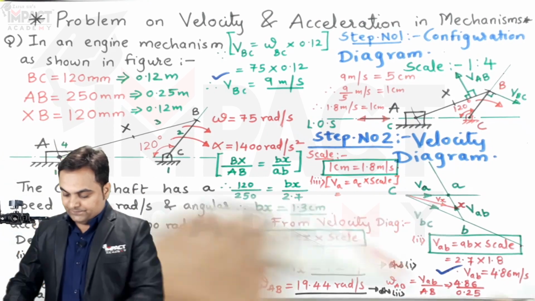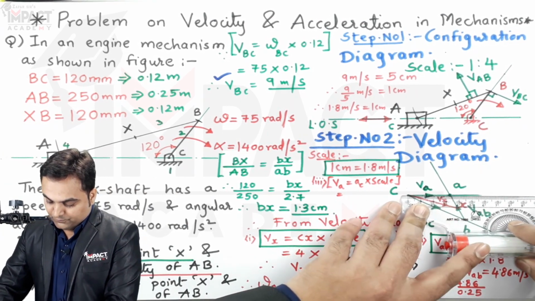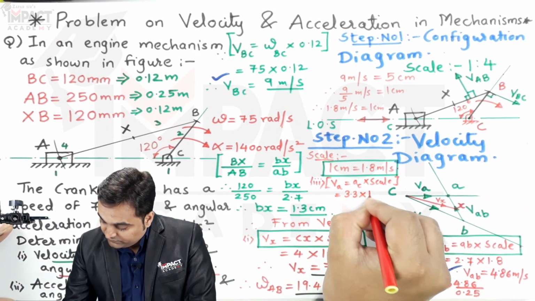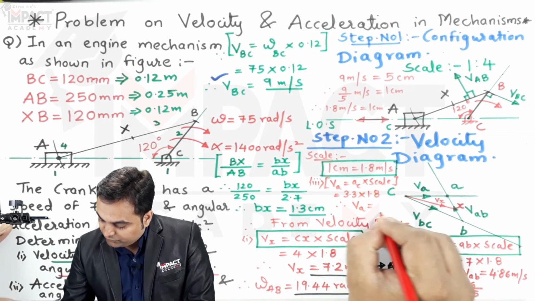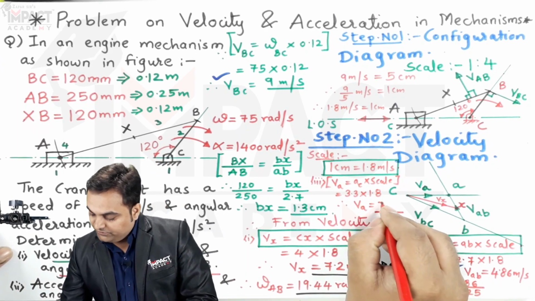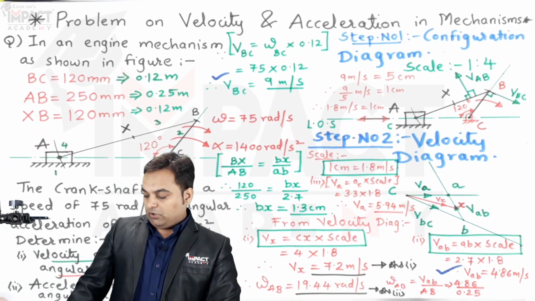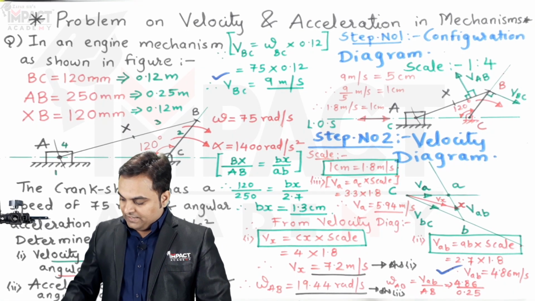Distance AC is 3.3 centimeters, scale is 1.8. So VA comes out to be 5.94 meter per second.